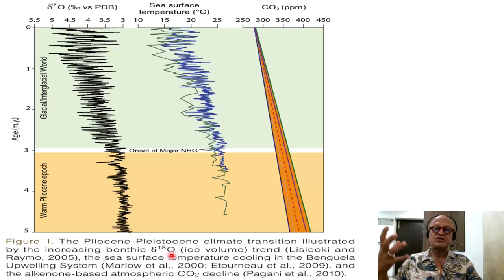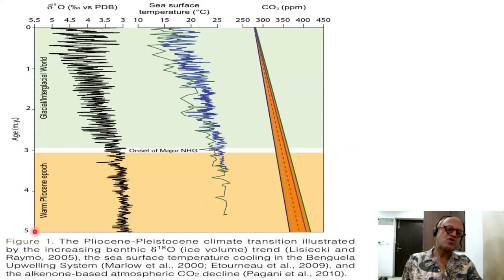Essentially, it corresponds to how fractionation happens during evaporation and precipitation, and how that leaves a signature in benthic delta O18 that corresponds to ice volumes or cold climates. And the sea surface temperature cooling in the Benguela upwelling system off of southern Africa, and the alkanone-based atmospheric CO2 decline. So these are various paleoproxies, and I have podcasts on paleoproxies as well.